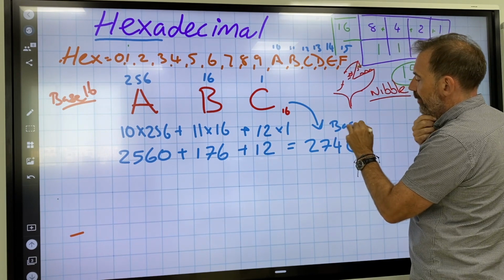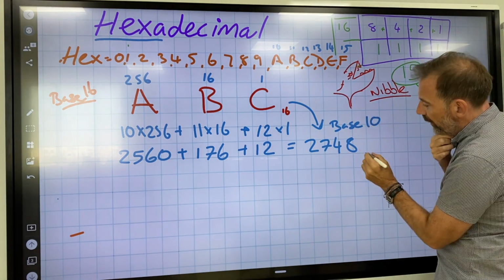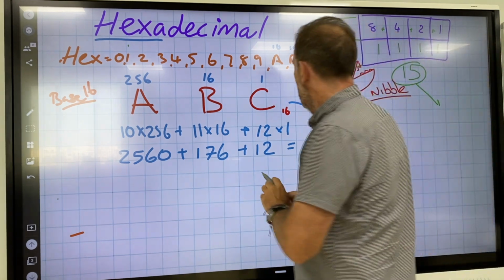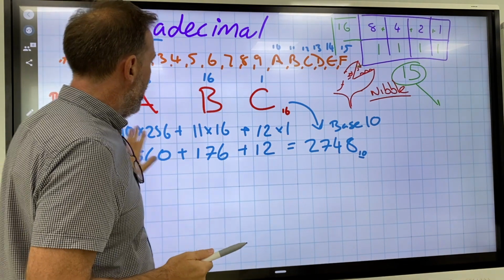Base 10, or a little 10 there. So that's how we'll do it.